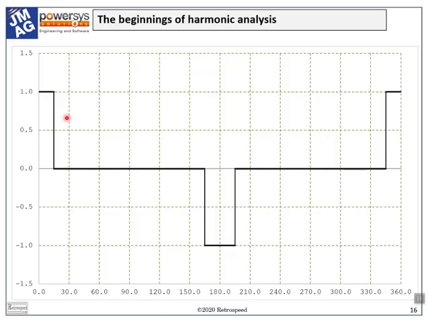Now, this diagram represents the MMF distribution of two coils having the same number of ampere conductors or ampere turns located opposite one another. And we're going to use this to have a look at the harmonic properties of the winding.